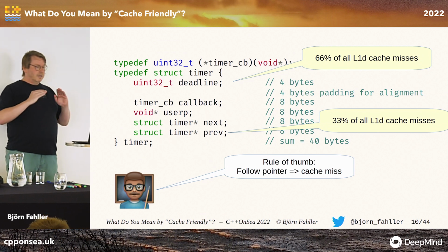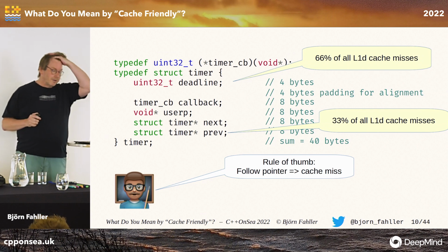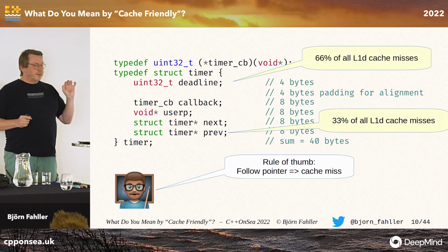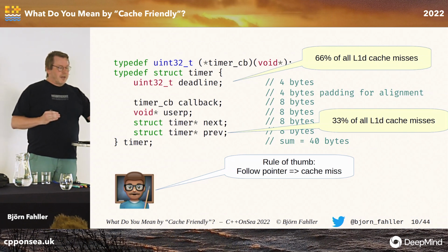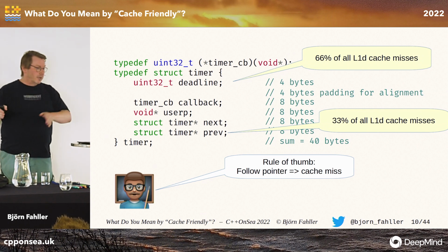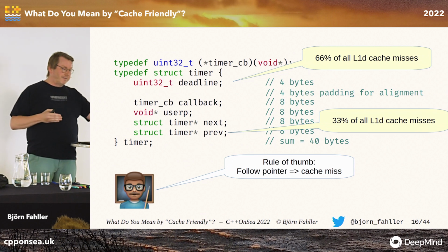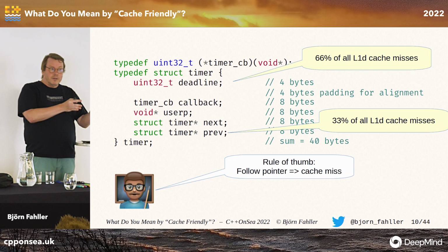So this prev starts at 32 bytes from the beginning of this struct. If this happened to be aligned perfectly with the cache line, then we would get a miss for first reading the deadline, but we would get a hit on prev because it's already in place.